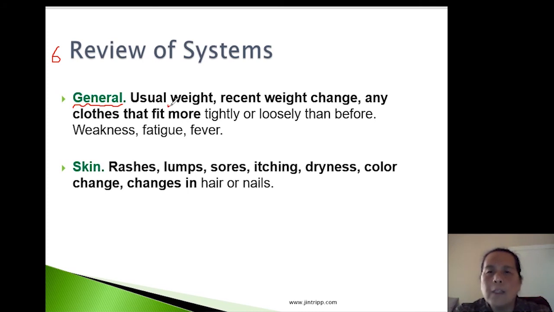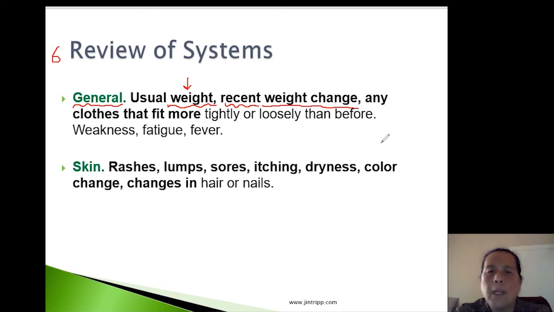We can ask a patient about body weight. Certainly that's still possible in the examination part, but here we mainly focus on recent weight change.